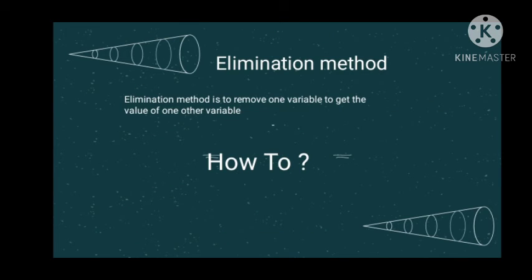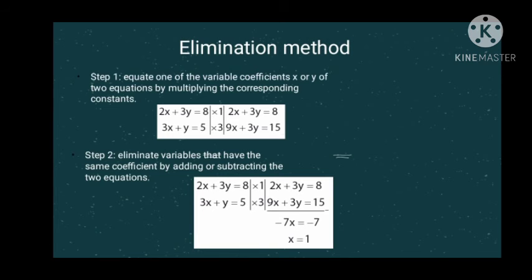Elimination method. The elimination method is to remove one variable to get the value of the other variable. How to do it? The elimination method has the following steps. Step 1: equate the coefficient of one of the variables, x or y, in the two equations by multiplying by the corresponding constant.